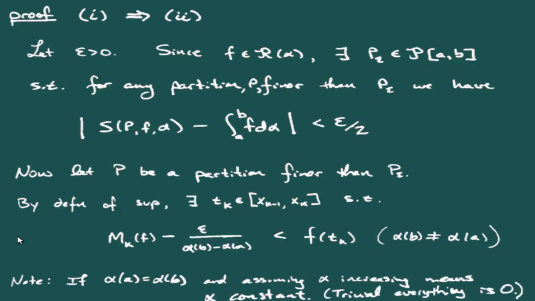So M_k of f minus epsilon over (alpha(b) minus alpha(a)) is going to be less than f(t_k), so they're not going to be upper bounds anymore.